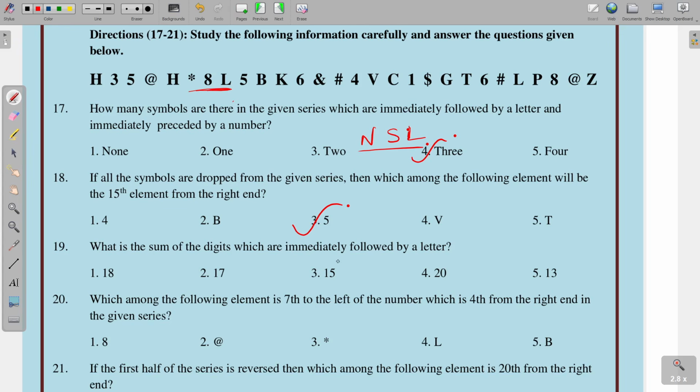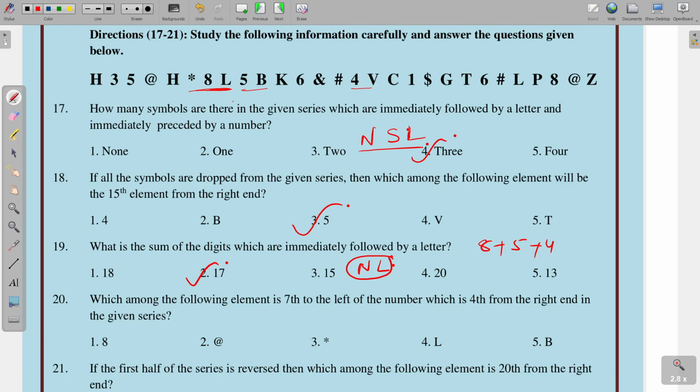We need to calculate the sum of the numbers which are immediately followed by a letter. It is the first one 8, and next 5, and next 4, and there is no other number. So 8 plus 5, 13 plus 4, that is 17.